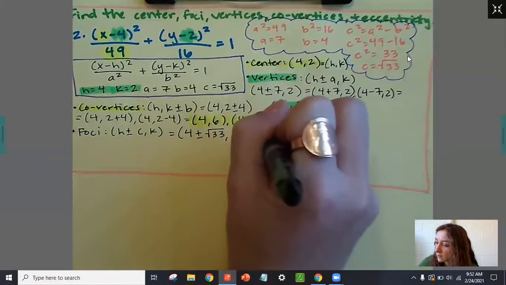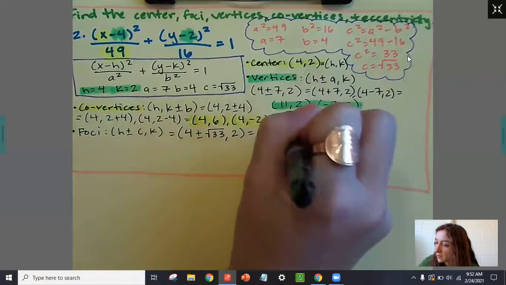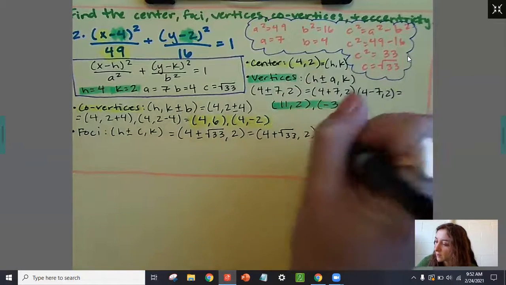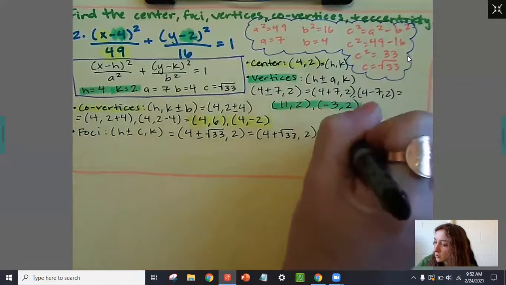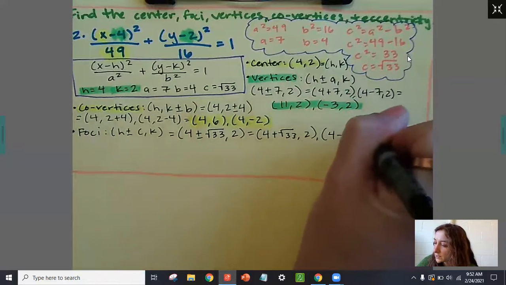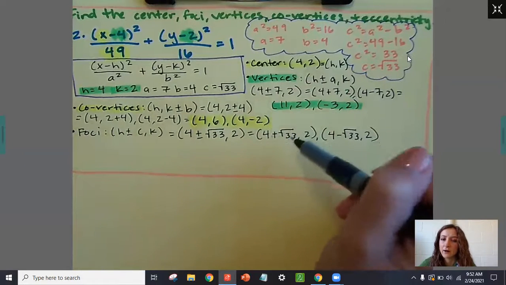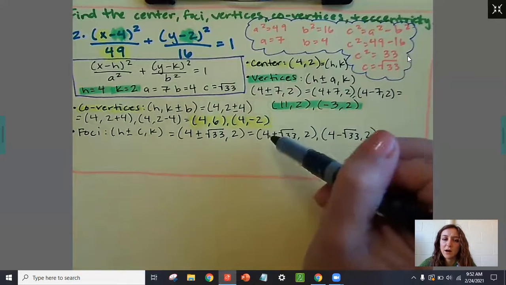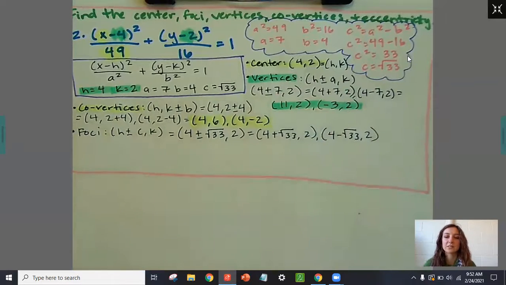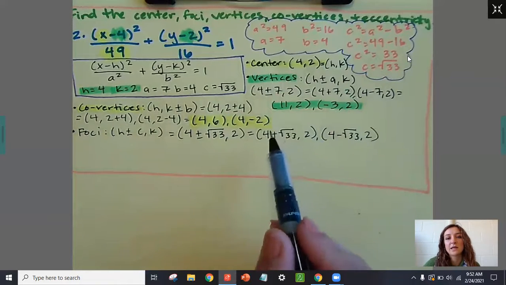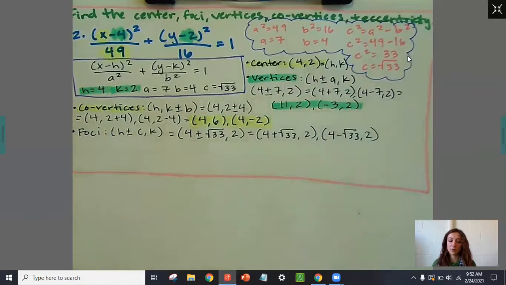So I'm just going to write this out. 4 plus the square root of 33, 2, and then 4 minus the square root of 33, 2. Since we can't actually add these two things together, they're not like terms at all. We could add them and get a decimal, but I'd rather be exact with my answer. So since I can't add these, this is actually in the simplest form. So this is just our foci right here.